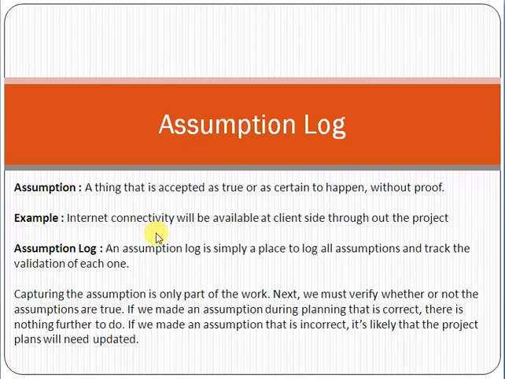The purpose of following up is that we are verifying whether the assumption is still true or it may be incorrect. Project planning is totally dependent on the assumptions. If an assumption is true, it has no impact on the project planning. But if it's incorrect or false, it will definitely impact your project planning, your schedule, your cost.